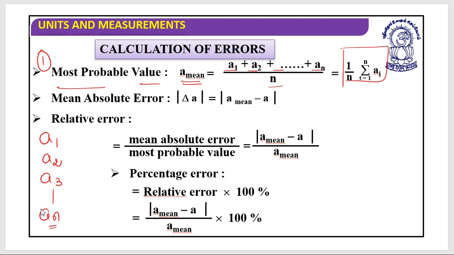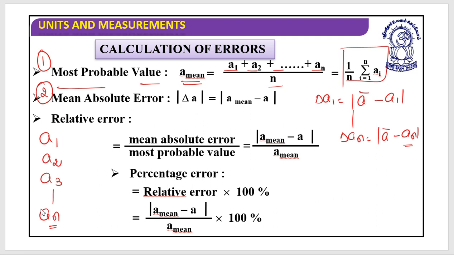After finding the most probable value, I need to go to the mean absolute error. What we have written is delta A1 is equal to the modulus of A bar minus A1, and so on up to delta AN, which is modulus of A bar minus AN. But remember one very important thing: the mean absolute error is always a positive value.